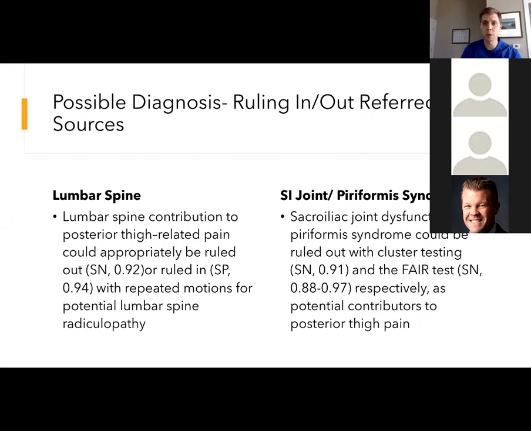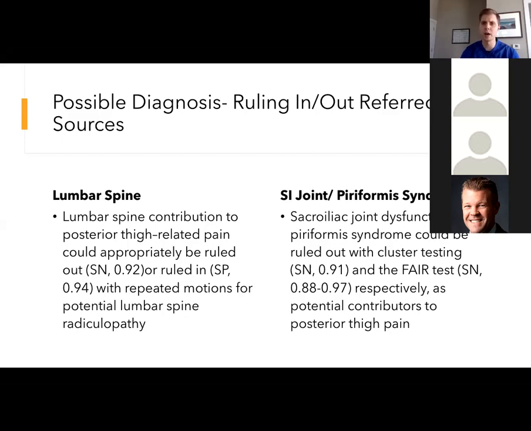Coming into this presentation, my go-to for ruling out radicular pain would have been a quadrant test. Raymond showed in this paper that performing repeated extensions is very useful in either ruling in or ruling out, seeing if they're reacting to that repeated extension as they move through motions, and if their pain is being either peripheralized or centralized.